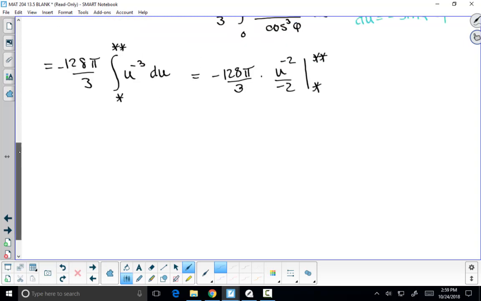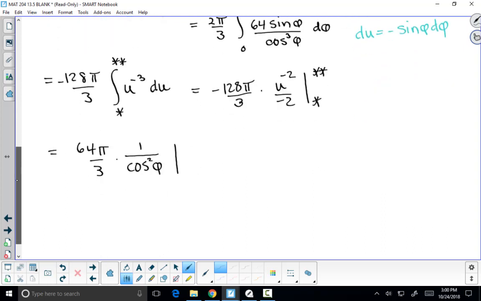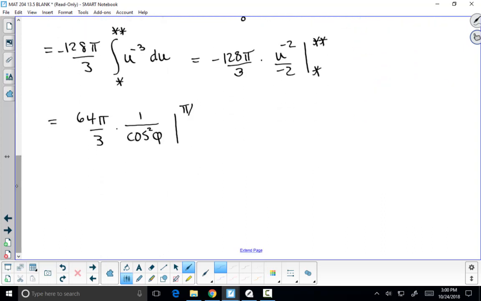We're almost there. So what do we get? 64 pi over 3. U to the negative 2, so that's 1 over cosine squared of phi. And I think phi went from 0 to pi over 3.